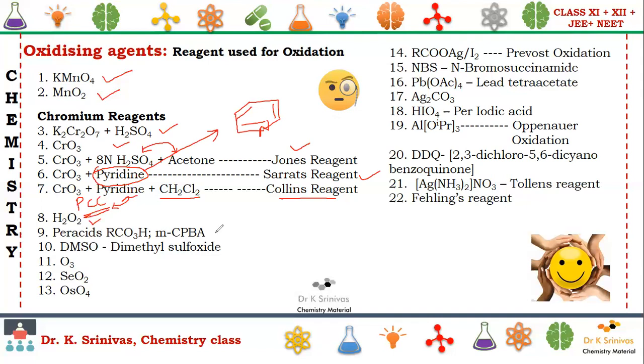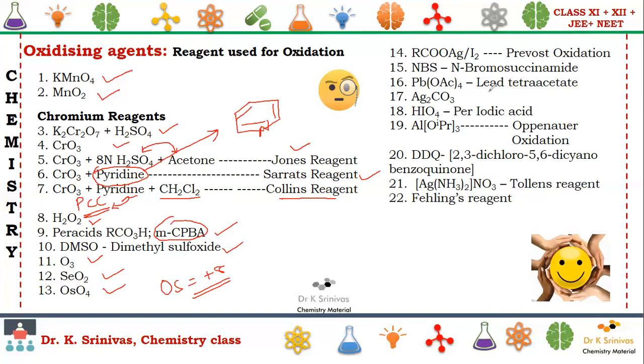For acids, we have already come across MCPBA in the earlier slide. Dimethyl sulfoxide, ozone, selenium dioxide, osmium tetroxide. The specialty of osmium is that it has the highest oxidation number in the periodic table, in the form of osmium tetroxide.